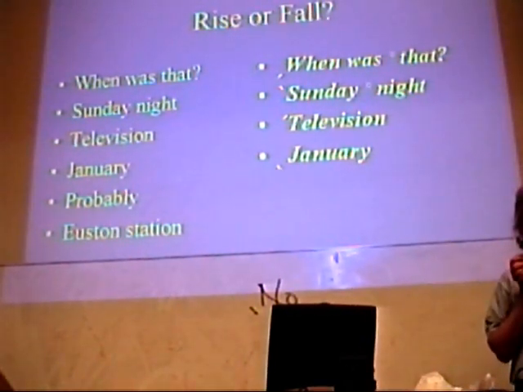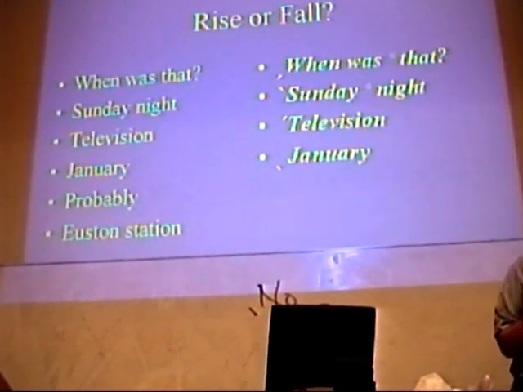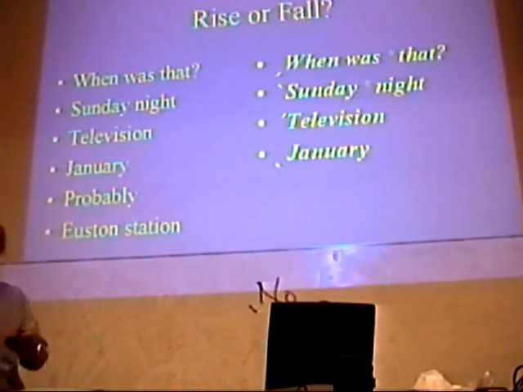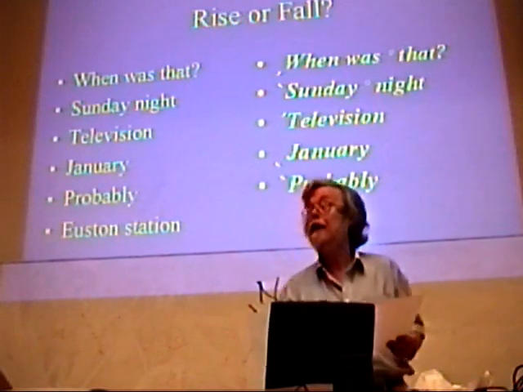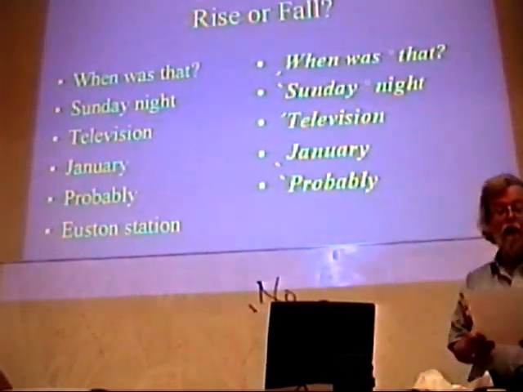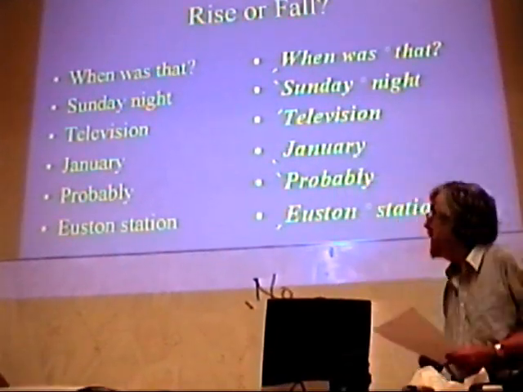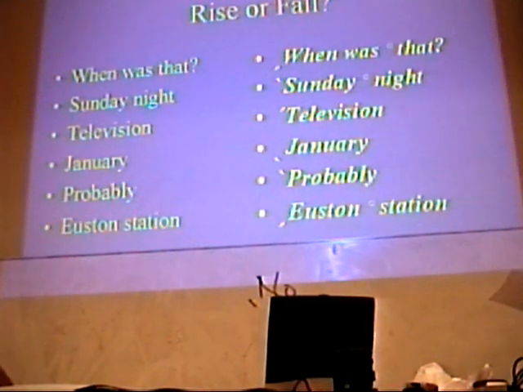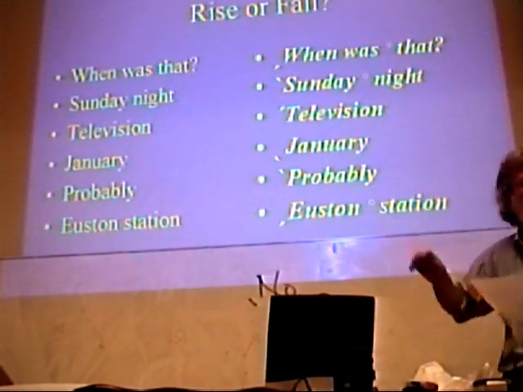Everybody happy with low fall for January? And then I had, I keep losing it. Then I had, probably. Of course it was, yes, high fall. And finally, Euston Station. Low rise. Low rise, good, okay. So, when was that? Sunday night. Television? January. Probably. Euston Station. All right. Just don't try and make any sense out of all that, by the way.